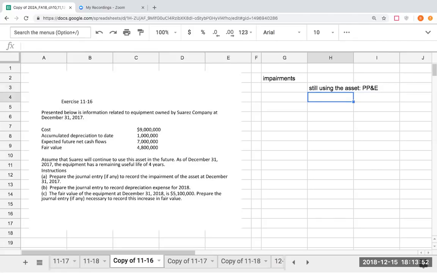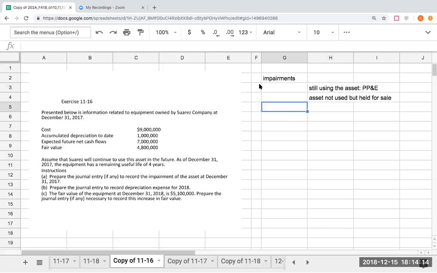Or is this an asset being held? Or is the asset not used, but held for sale? If we hold equipment that we used to use, but are no longer using, this is going to be called an asset held for sale.